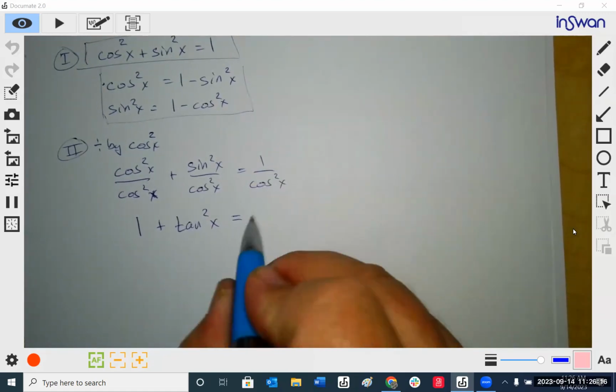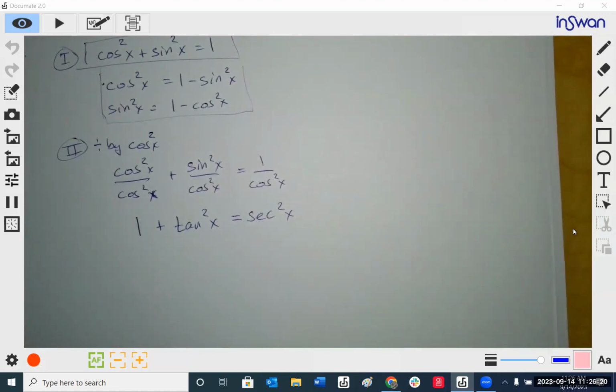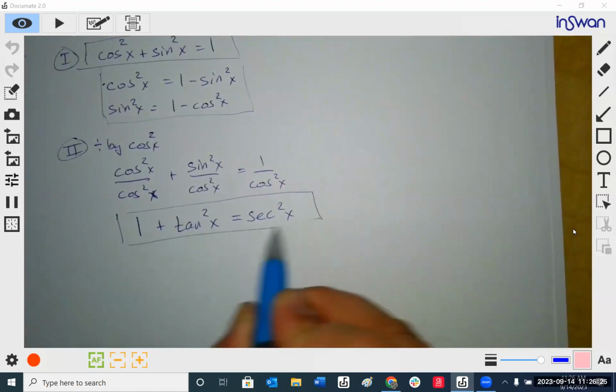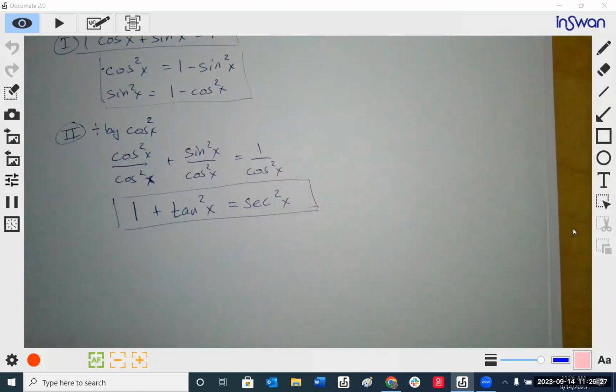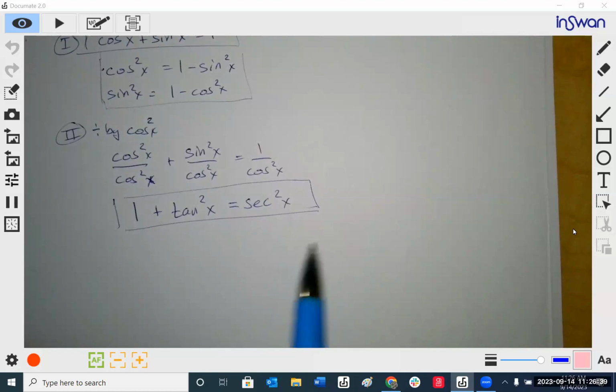And 1 over cosine squared is secant squared. There's number 2 identity. And again, with any algebraic manipulation, you say 1 is equal to secant squared x minus tangent squared x, or tangent squared x equals secant squared x minus 1.